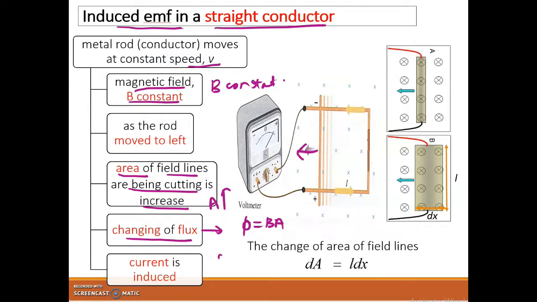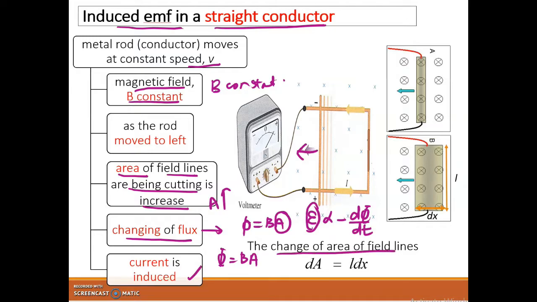Here the flux is changing because the area is changing, while B is still constant. According to Faraday's law, EMF is proportional to negative d flux over dt. Because there is a change in magnetic flux, an EMF will be induced, and then a current will also be induced.